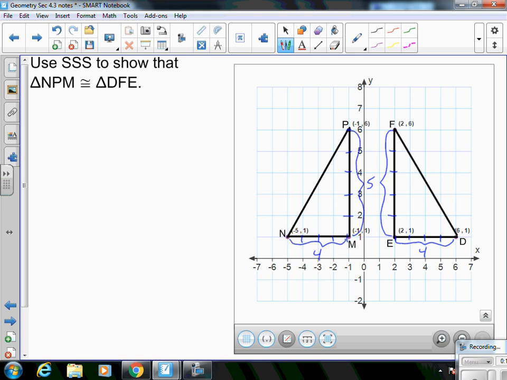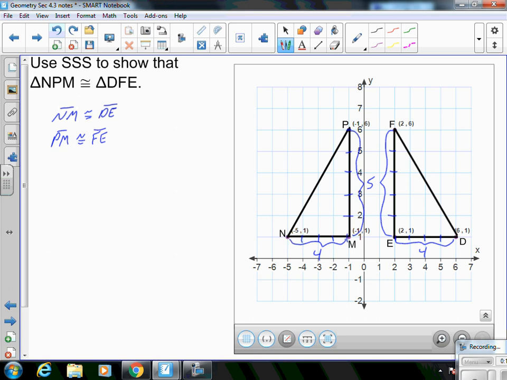So since those lengths are the same, that's enough for us to say that segment NM is congruent to segment DE, and segment PM is congruent to segment FE.